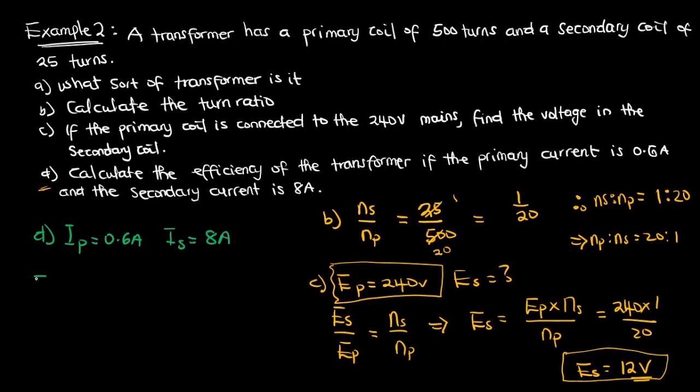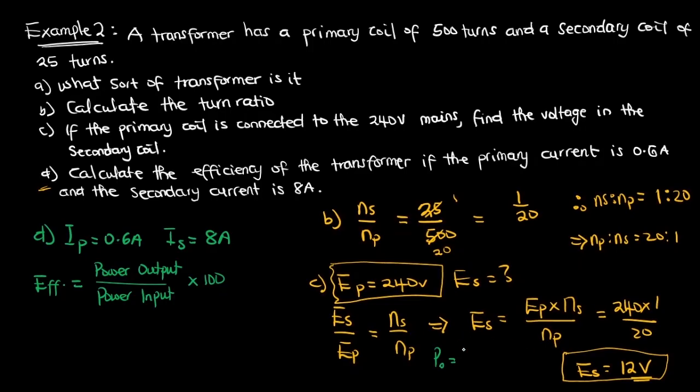Now, the efficiency of a transformer is equal to power output over power input multiplied by 100, that is it. Now, power output, P subscript O, means the power in the secondary coil.